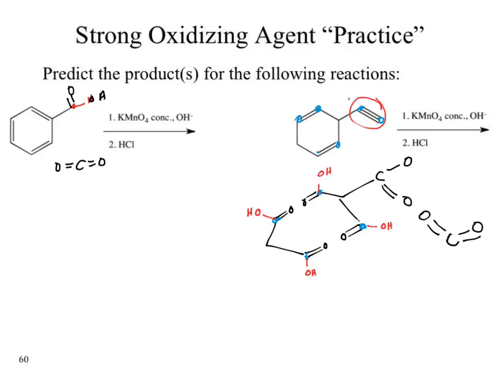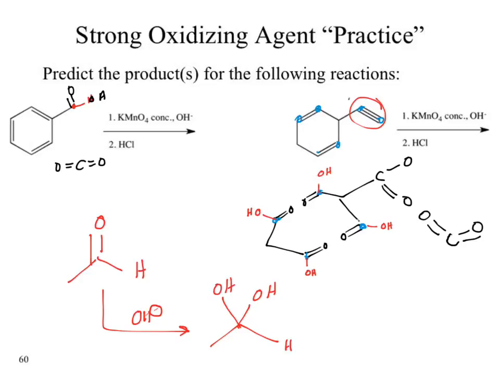That ultimately has nothing to do with predicting the product. All that has to do with is when we run that reaction, our very first part stops here at, say, an aldehyde. That aldehyde reacts with hydroxide to form the diol.